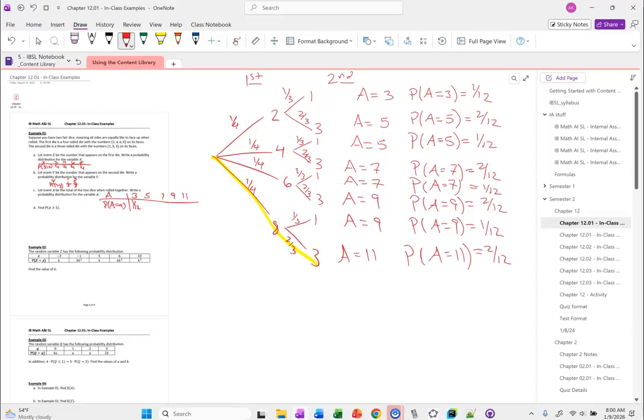Probability of getting a 5: I can get a 5 this way or this way, and because we use the word "or," that means add. 3/12 there. And then for the 7, and then the 9, and the 11. And does that all add up to 1? Yes.